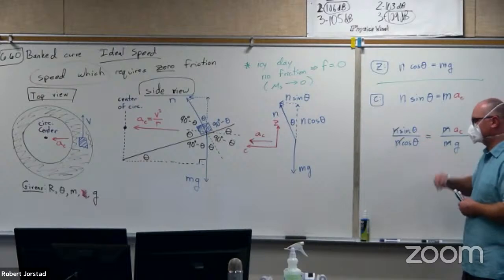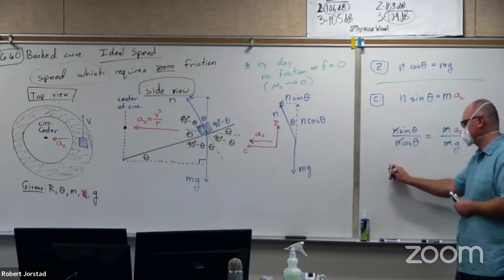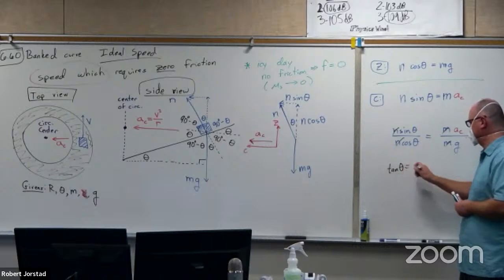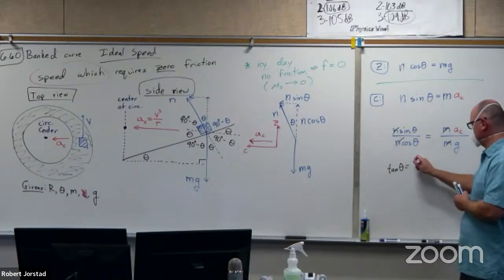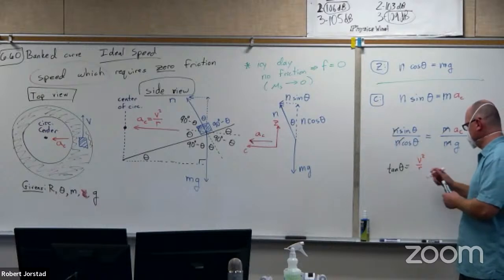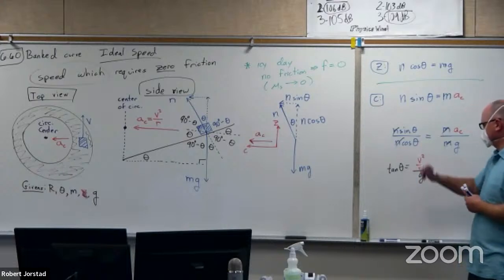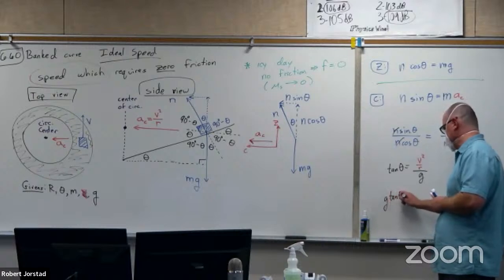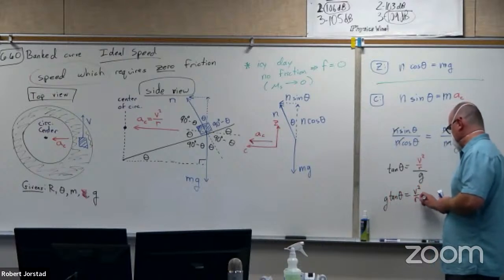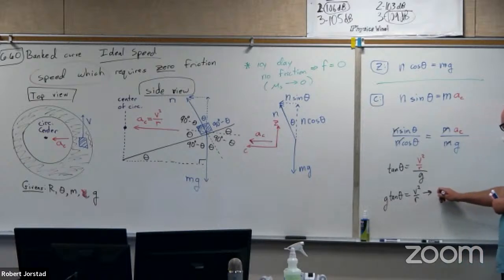What's sine theta over cos theta? What's a_c? That's v squared over r. And then we still got to divide by that stupid g. So just multiplying, I think we get what? g tan theta equals v squared over r, which if I rearrange that, v should equal the square root of r g tan theta.